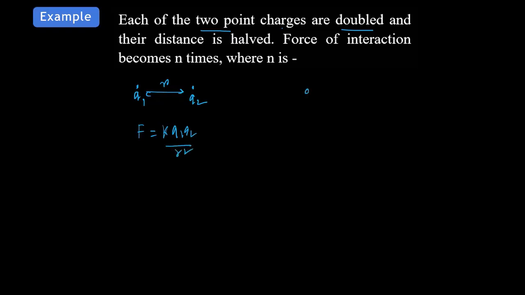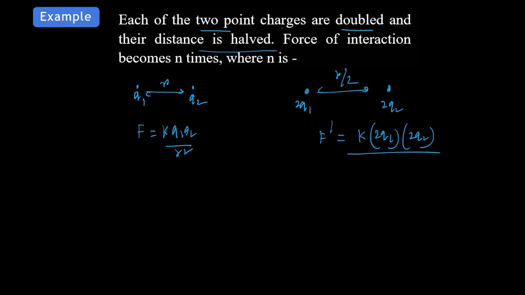In the second situation, the charged particles are 2Q1 and 2Q2, so the charges are doubled, and the distance is halved, so R becomes R by 2. Now the force F prime becomes K times 2Q1 times 2Q2 divided by R by 2 whole square. So ultimately I get 16 times K Q1 Q2 by R square.